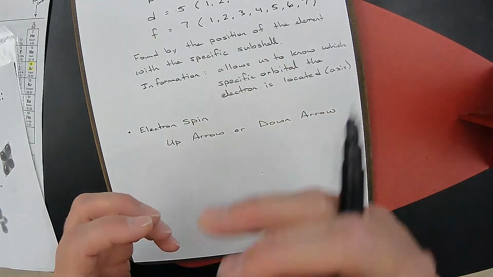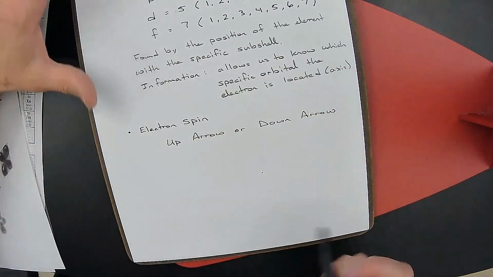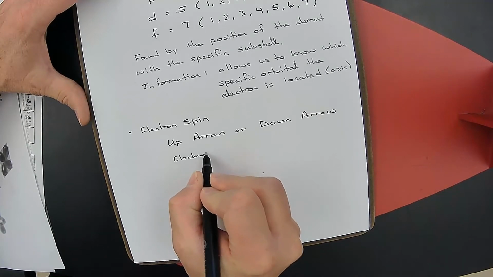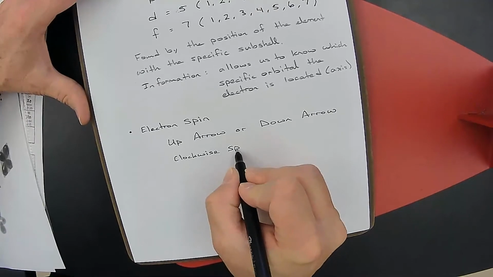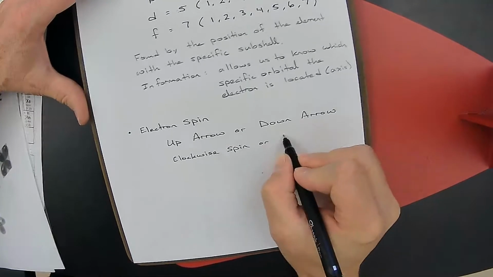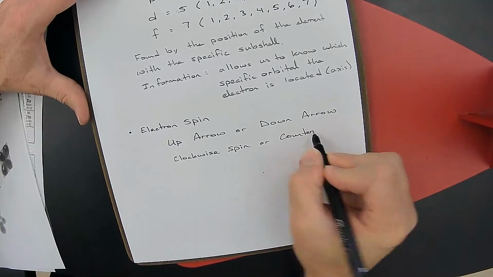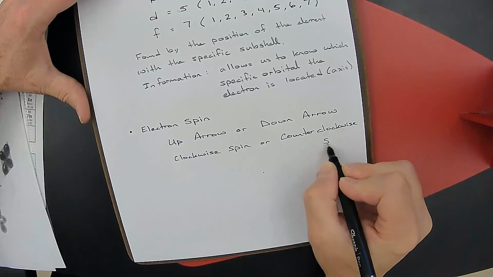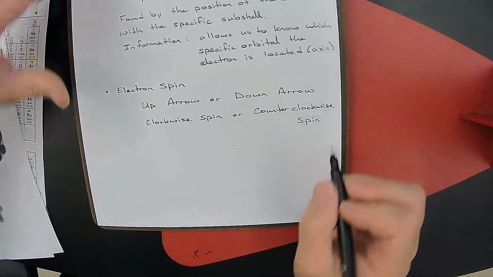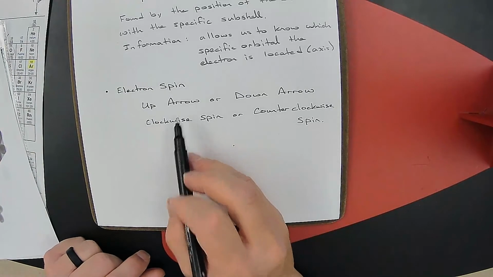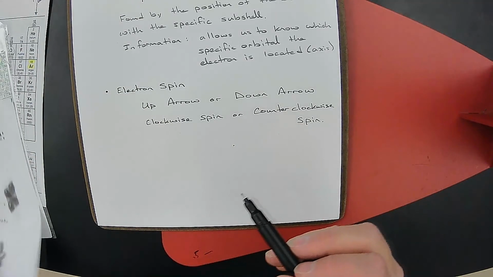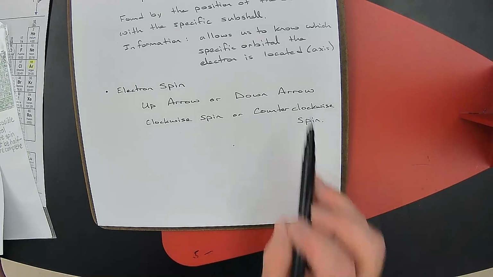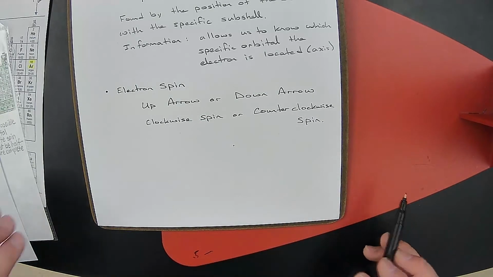So as these electrons are flying around, they're also spinning on their axis. So we can either label it as a clockwise spin or a counterclockwise spin. Electrons have one type of spin or another type of spin.